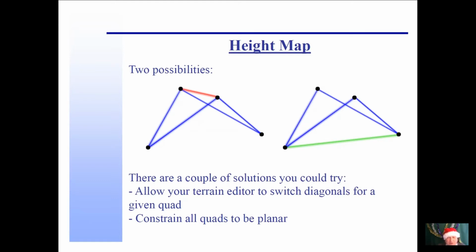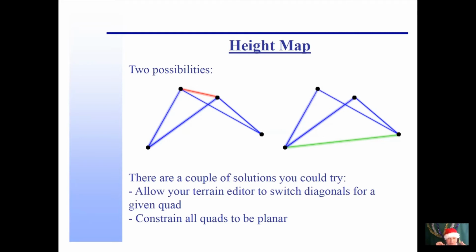This constrains all quads, all areas of 4 vertices, to be planar, to be flat. So no such situation like here. They would have to be at the same level, so that we would then create a height map in the form of quads rather than triangles.